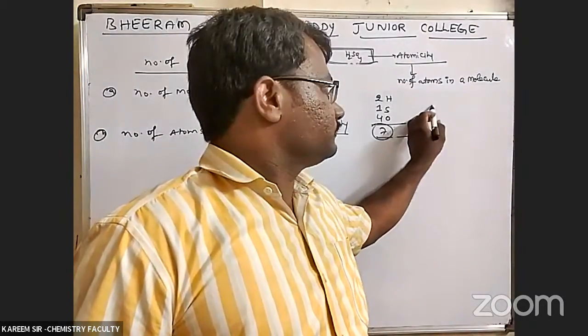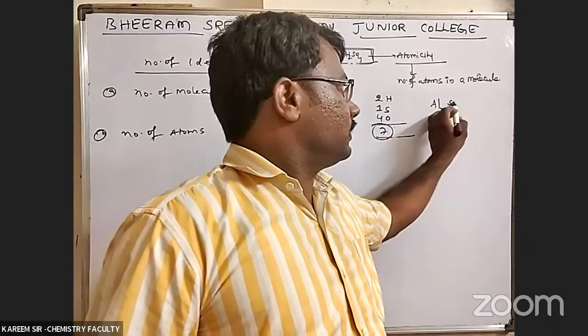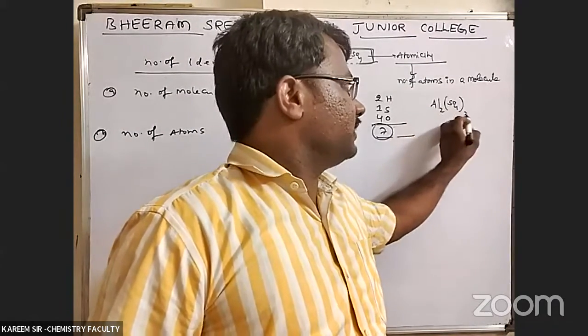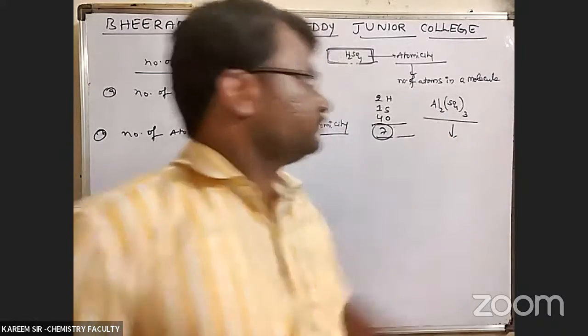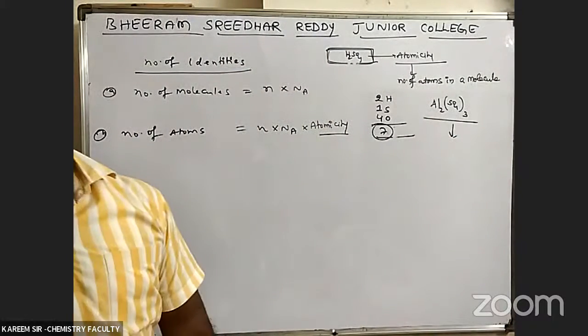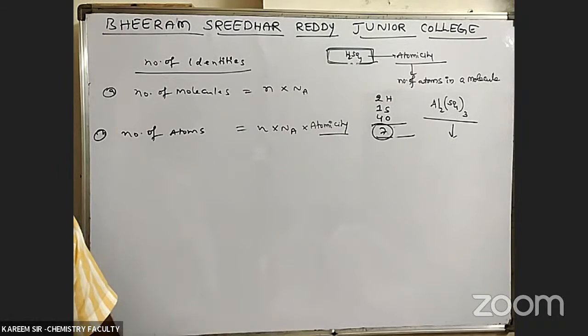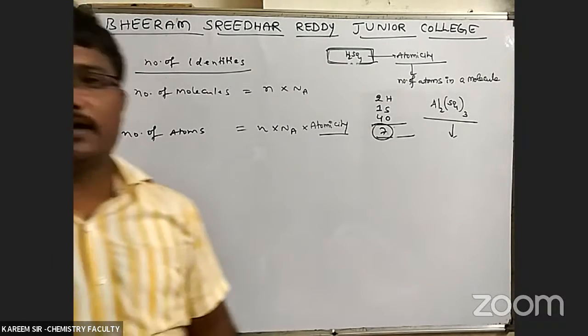Tell me, Al2(SO4)3. What is the atomicity here? Aluminum sulfate. It is an ionic compound.